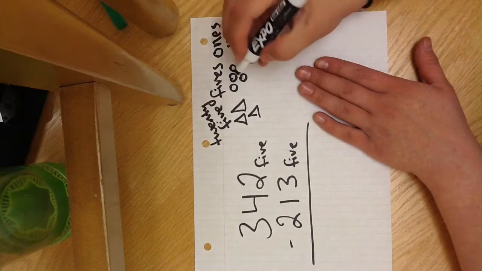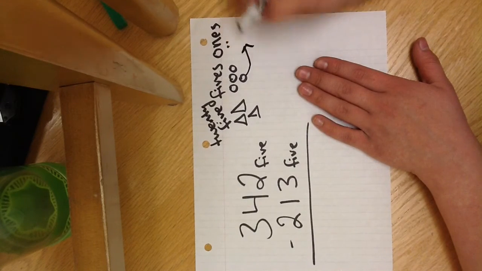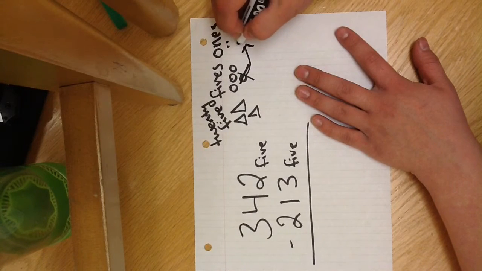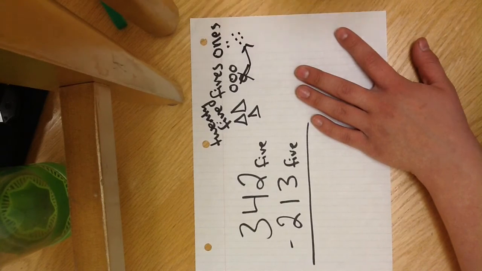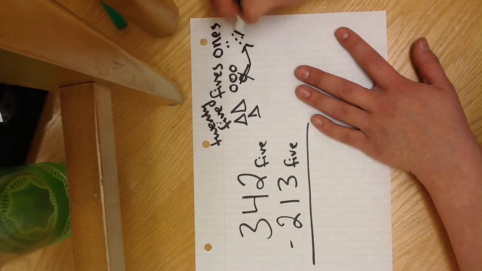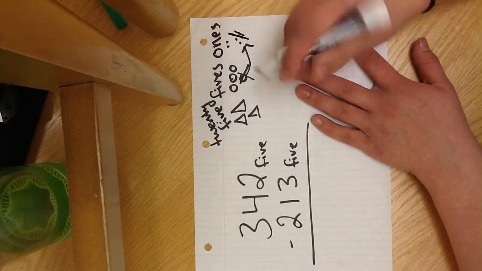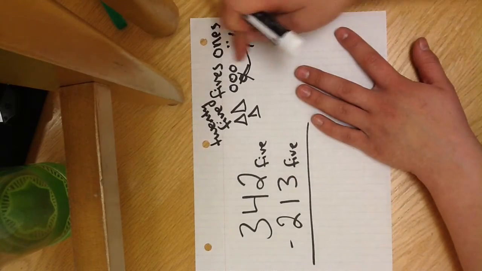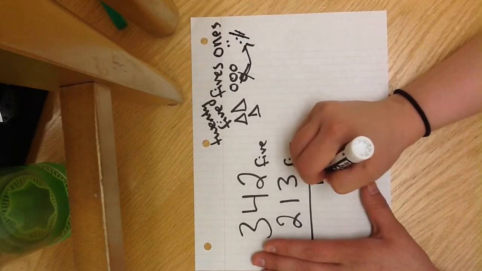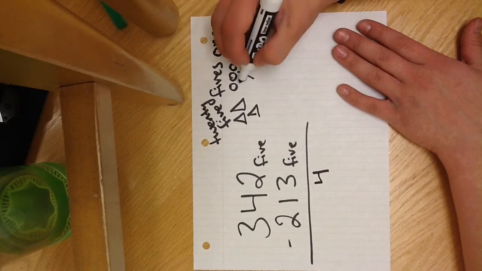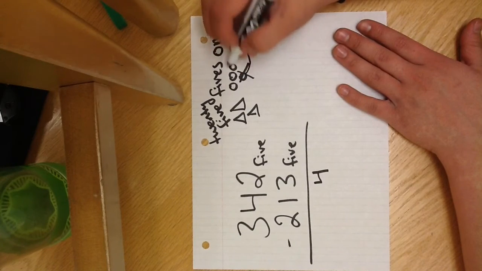So what we're going to have to do is break down this set of 5, so we're going to cancel this here, and we're going to break it down into 1, 2, 3, 4, 5 ones. Now we can take away, I'm just going to cross them out, 1, 2, 3 ones from over here. So we're left with 4. Now we've already crossed out one of these, so we can say that we have 3 left.